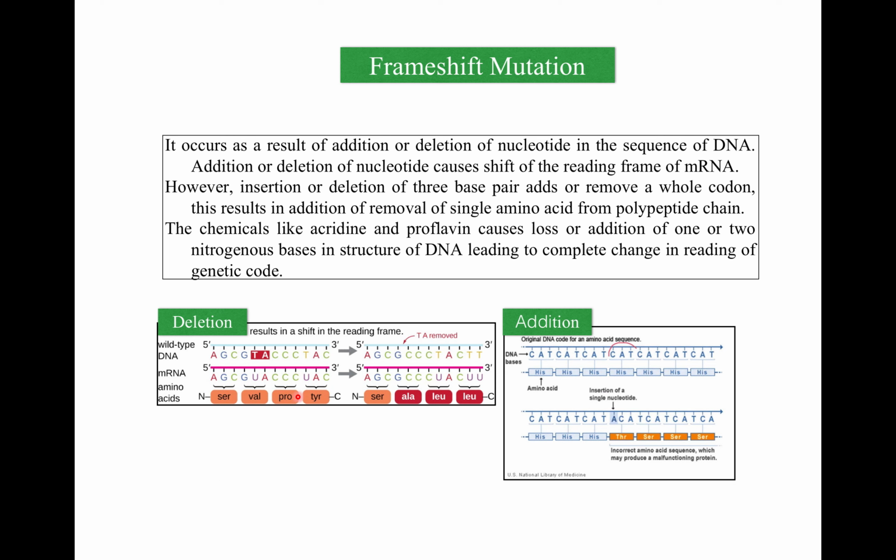So see, there is a complete change of the structure of protein. The chain was serine, valine, proline and tyrosine. Now there is a serine, but after serine there is alanine, leucine. Now completely different protein because of the shift of the reading frame of mRNA.